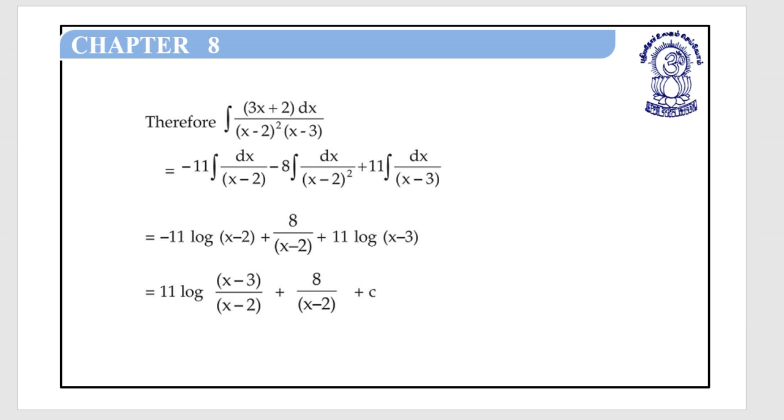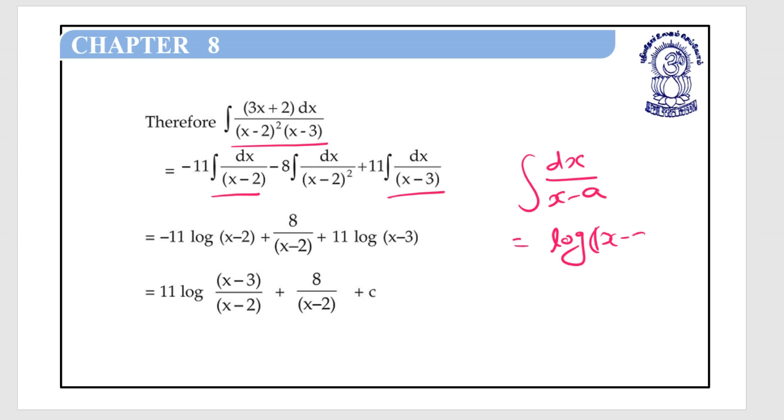Therefore, the integral of (3x plus 2) dx upon (x minus 2) square into (x minus 3) is minus 11 integration of dx upon x minus 2, minus 8 integration of dx upon (x minus 2) square, plus 11 integration of dx upon x minus 3. But the integral of dx upon x minus a is log (x minus a) plus c. So here minus 11 log (x minus 2), plus 8 upon minus... here (x minus 2) square is there.